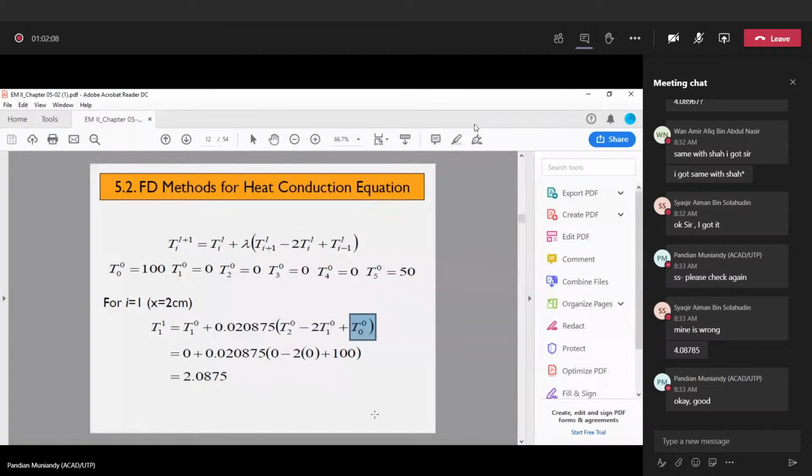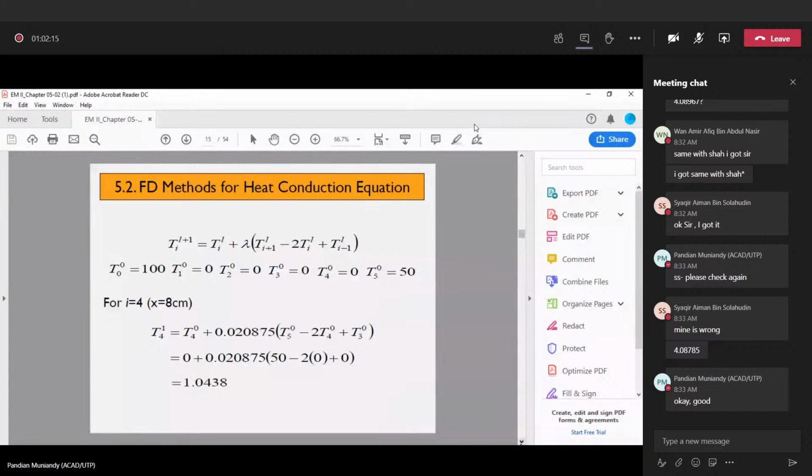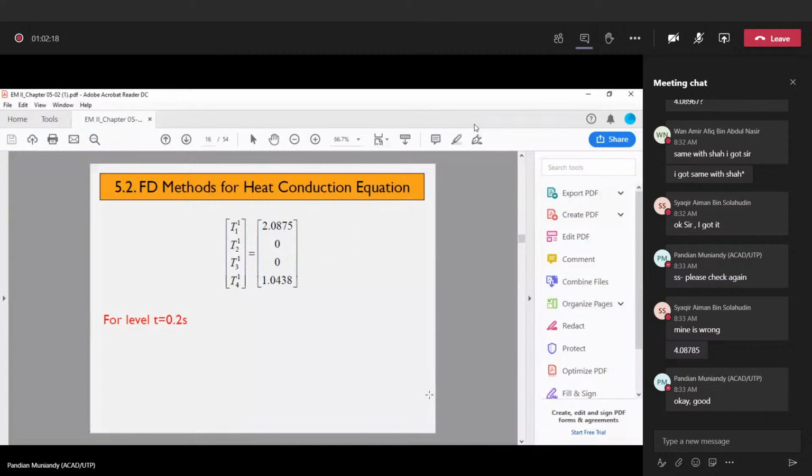So now we want to substitute into the right-hand side. T superscript 1, subscript 2, is 0, plus lambda 0.020875, T superscript 1 subscript 3, which is 0, plus 2 multiplied by T superscript 1 subscript 2, which is 0, plus T11.